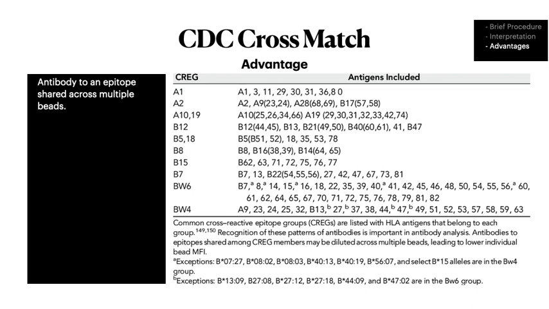In such instances, in solid phase assays the antibodies are distributed, and the MFI value of an individual bead can be reduced below the cutoff. In some labs they have a cutoff of 500 MFI, some have a different cutoff. The combined MFI may be like 2000, but for an individual bead it can be less than 500 and the report can be read out as negative. So CDC helps us protect against such an instance.